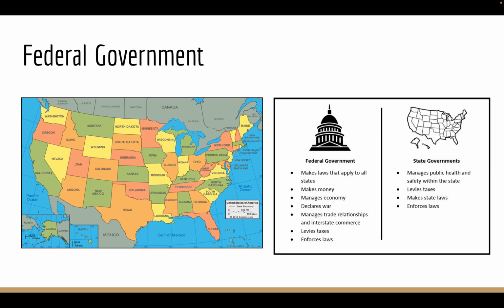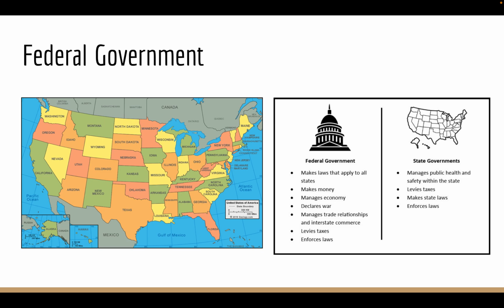The first one we're going to talk about is a federal government. A federal government is a government that has divided power pretty much equally between the federal government and the state or local governments. Anything that the federal government does applies to all of the states. So when the federal government makes laws, they apply to everyone.